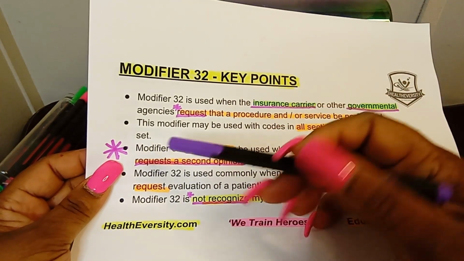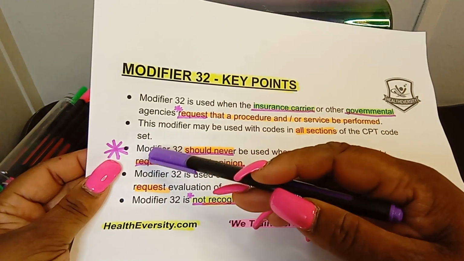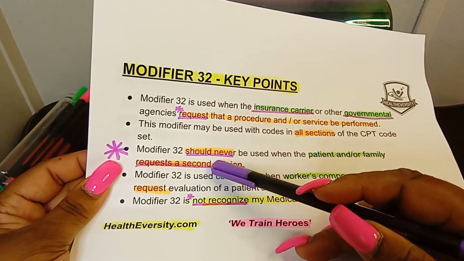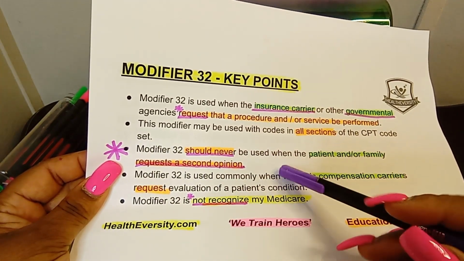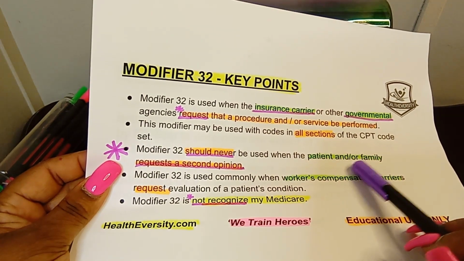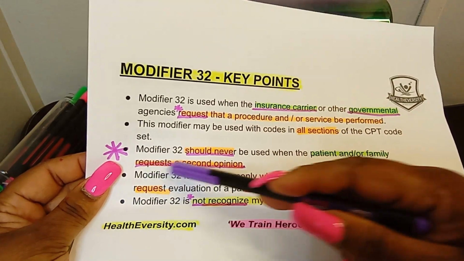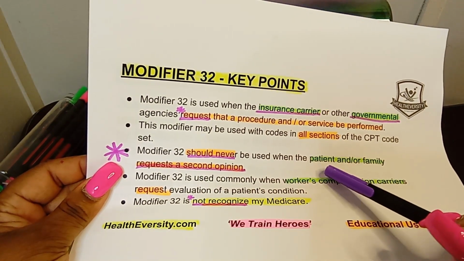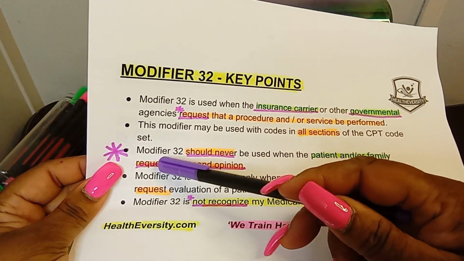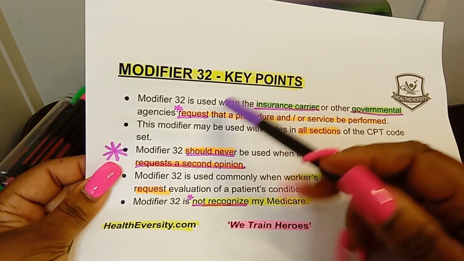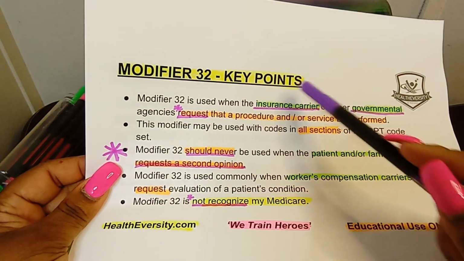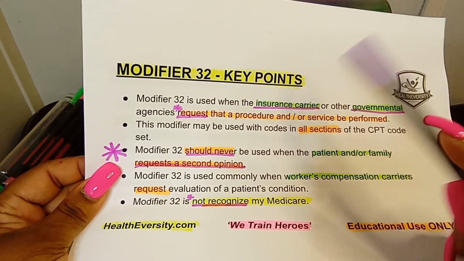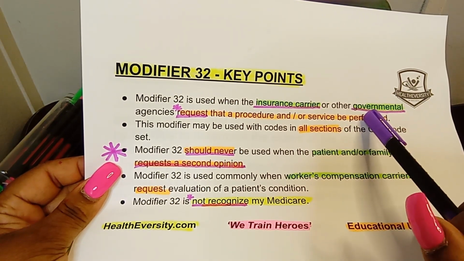Modifier 32 should never be used with the patient and or family requesting a second opinion. You see what it says: patient or family request a second opinion. It is requested by the insurance carrier or a government agent.